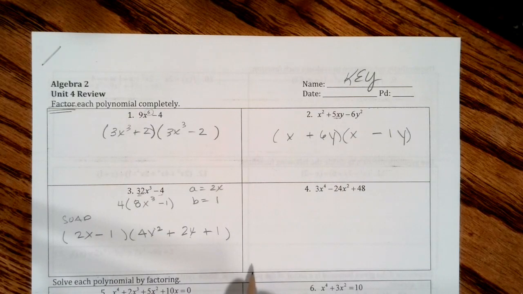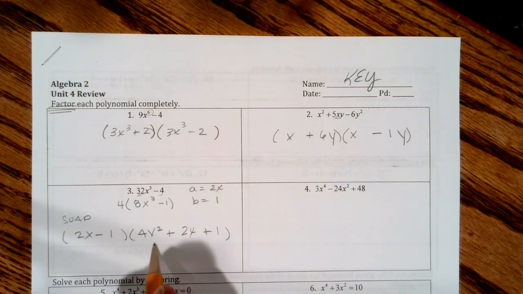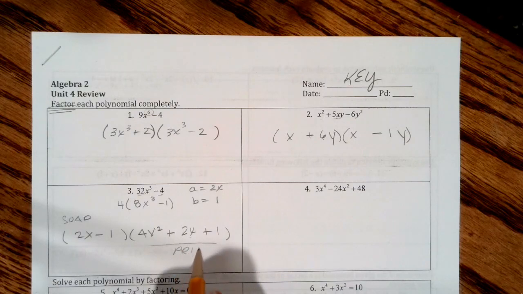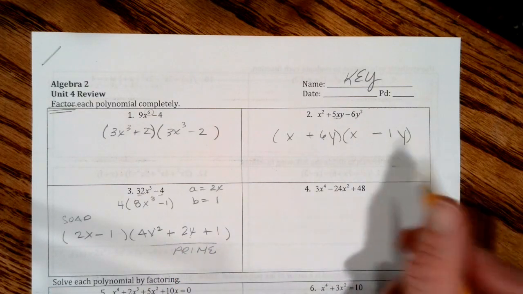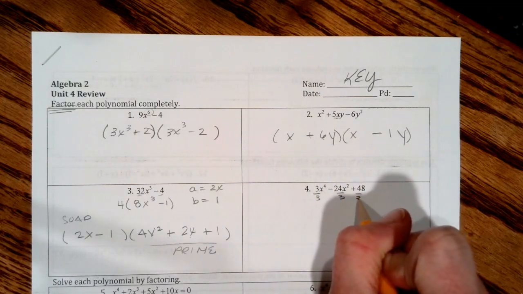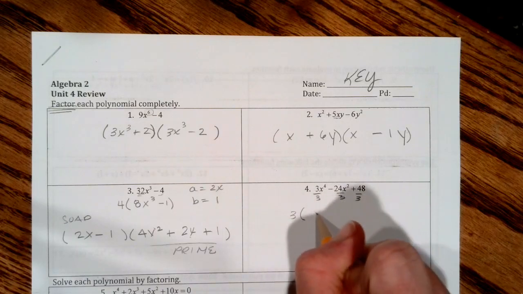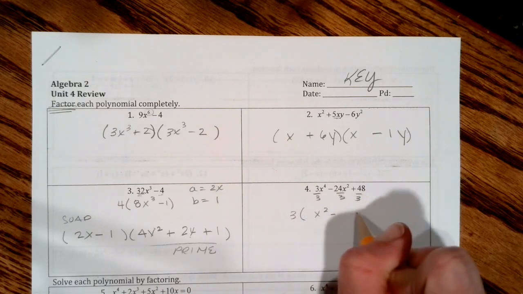So remember, in factoring, if I reach something that's prime, I don't need to worry about it. That's only a worry if I'm solving or finding a solution. All right, let's take out a 3. And that leaves me with 3 times x squared minus 8.